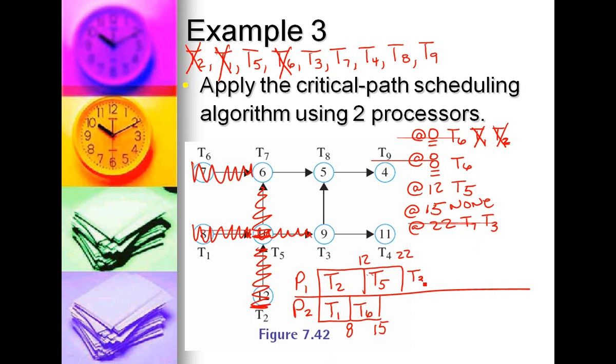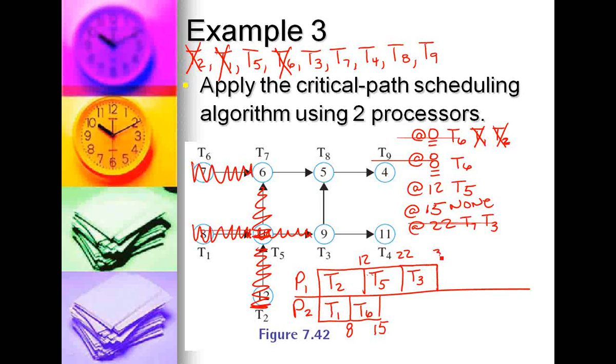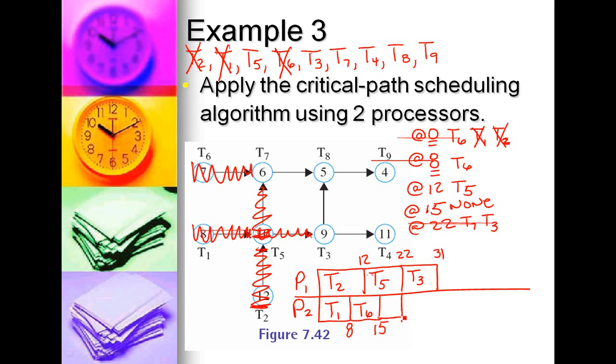So we put T3 on processor 1, length of 9, that takes us out to 31. And we have another 22-minute time slot with the idle time on processor 2. So we're going to place T7. T7 has a length of 6. So that takes us out to 28.